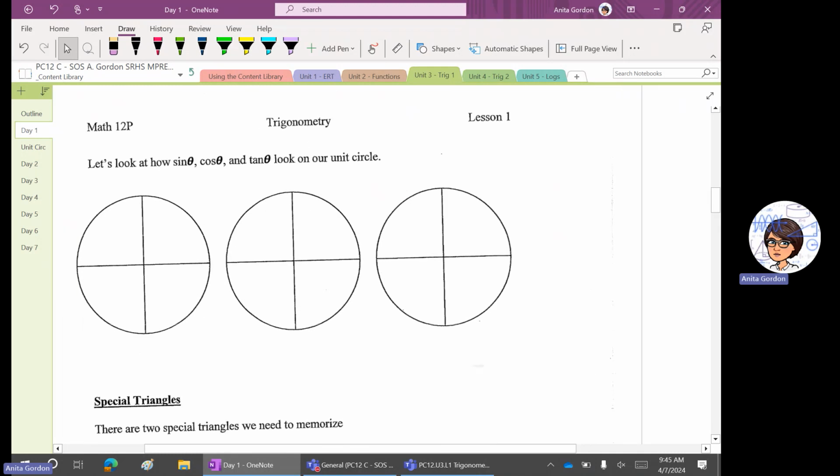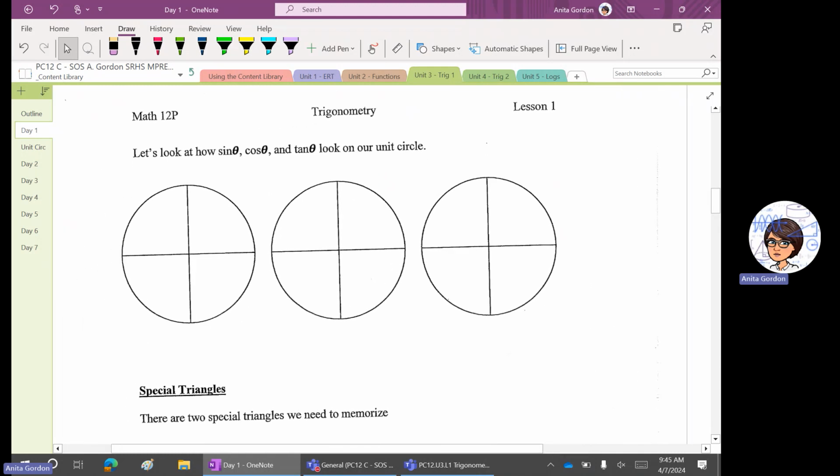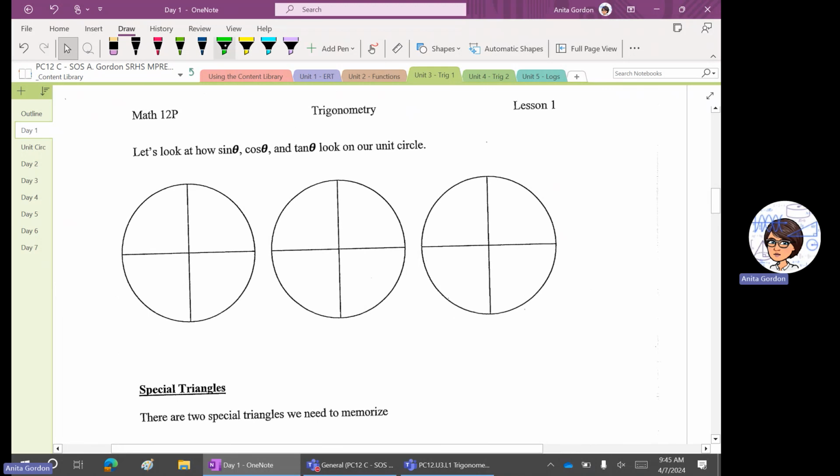The other thing I want to talk about is where on our unit circle the three values, sine, cos, and tan, are positive versus negative. Okay, so let's look here. In example 1 here, let's look at the sine of an angle. The sine represents the y value, meaning the height of our triangle.